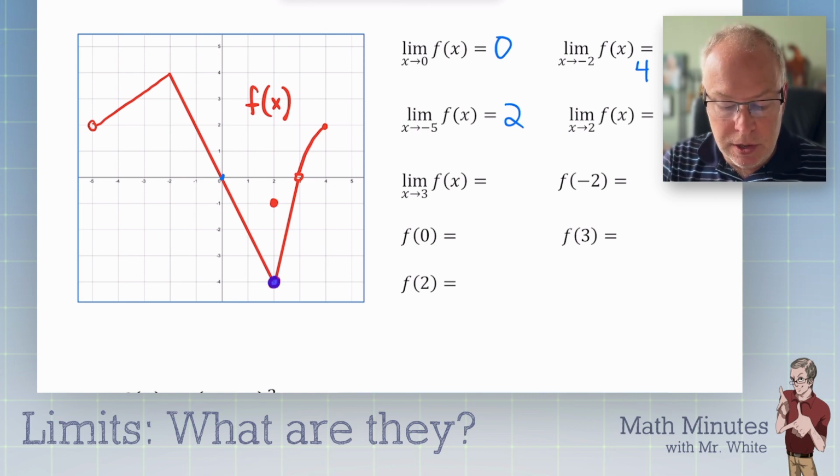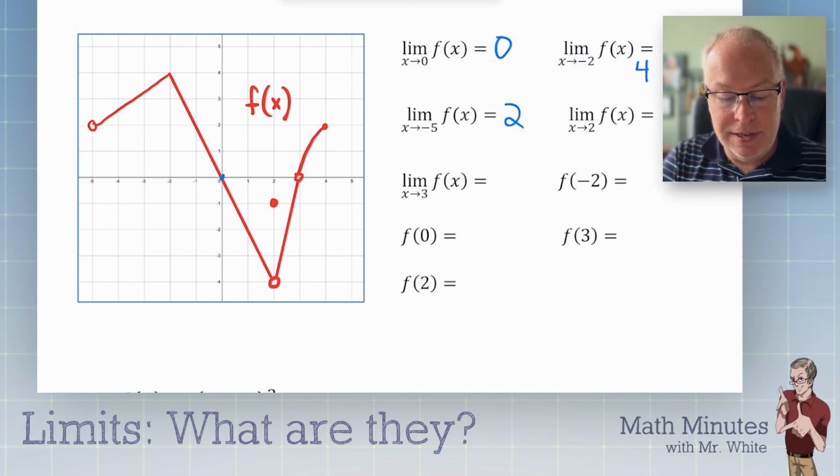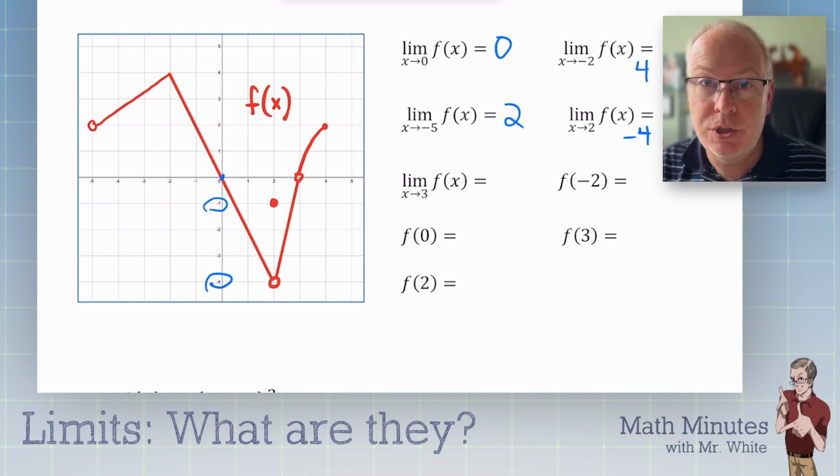Yeah, because this is where they converge right here, right? But it's an open circle, and in reality, the function jumps up there. But what's the limit? Which is it? Is it -1 or is it -4? The limit is -4 because that's what we're approaching.